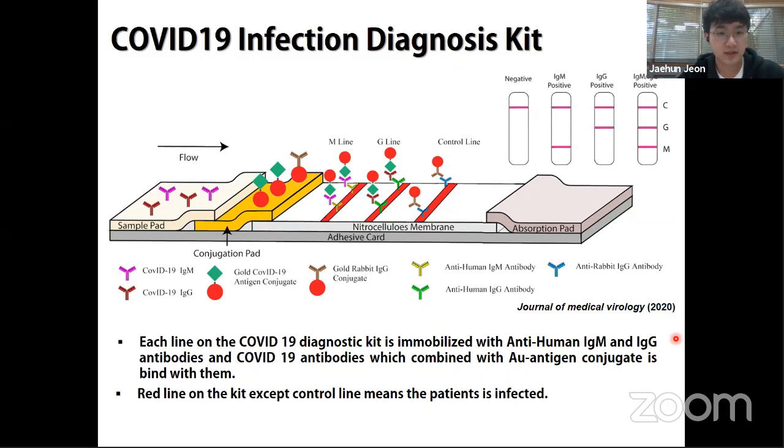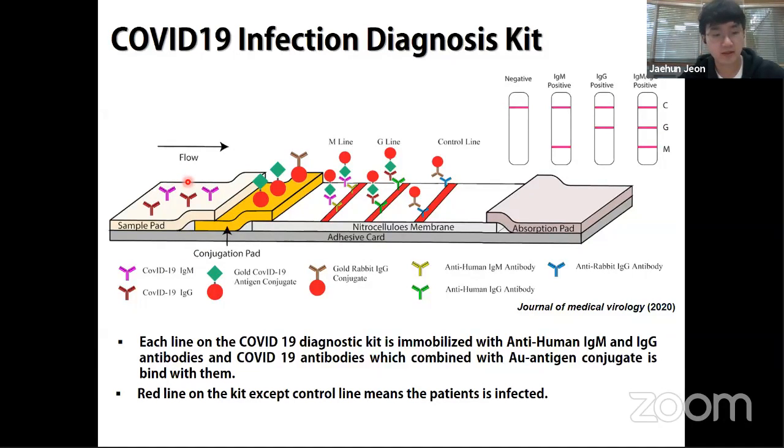There are 3 lines on the strip, and each line is immobilized with anti-human immunoglobulin M and immunoglobulin G antibodies that bind to the COVID-19 antibodies. The antigen is conjugated with colloidal gold nanoparticles and treated with the patient's blood on the sample pad.